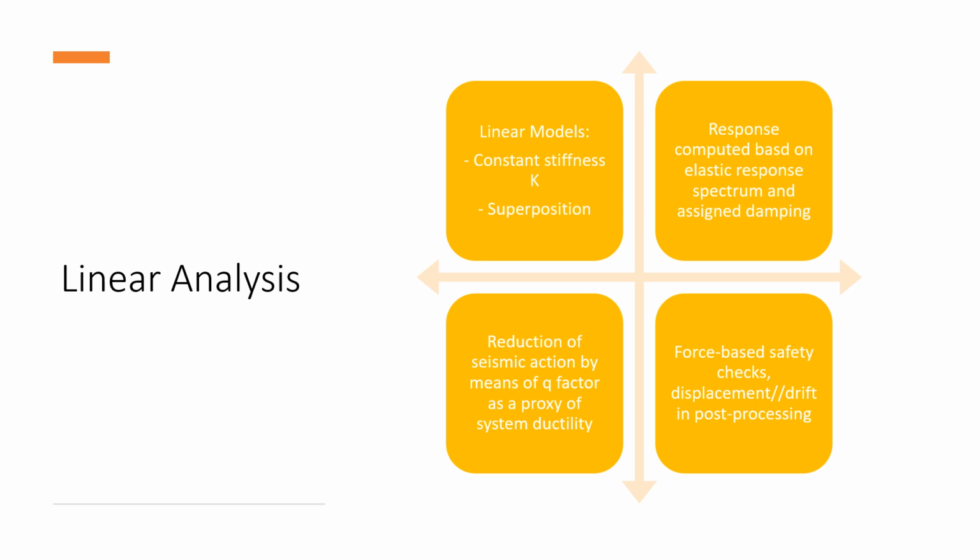So we can summarize some of the main aspects of linear analysis. The first one, of course, is that we use linear models with constant stiffness. This allows many advantages, including the linear superposition that we can use also in the case of the simulation of the dynamic response of structures.